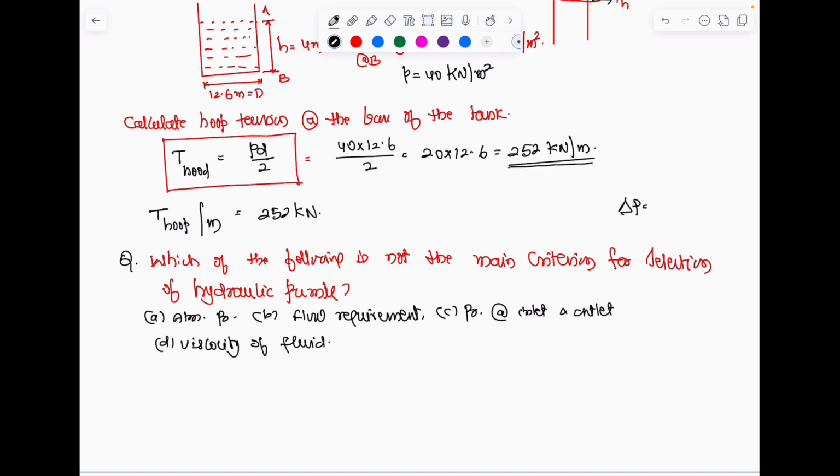But for example, you just see what amount of flow is required for you. If you require only 100 liters per minute, LPM, you don't design for 1 lakh liters per minute. Hence, flow measurement is required.